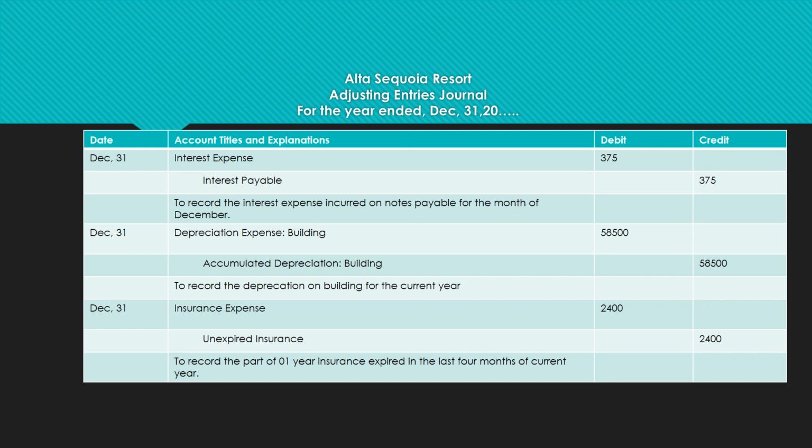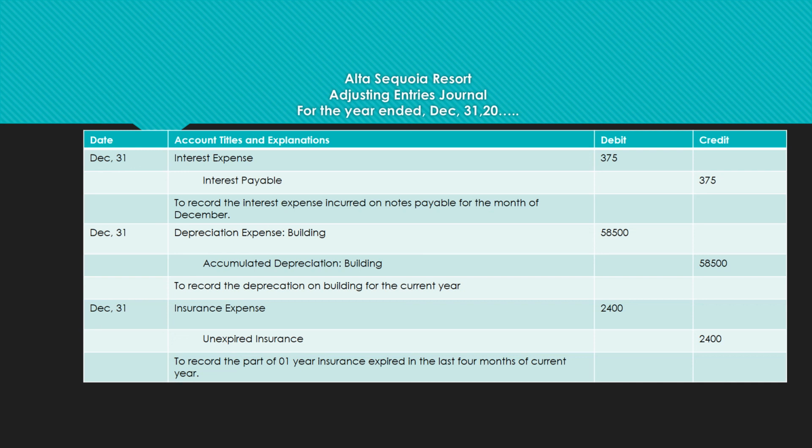Now this is an example of adjusting entry apportioning recorded cost. First adjusting entry. Now a company has purchased a fire insurance policy for 1 year, 7,200. Now what will be the fire insurance policy for 1 month? It will be 7,200 divided by 12, it will be 600.